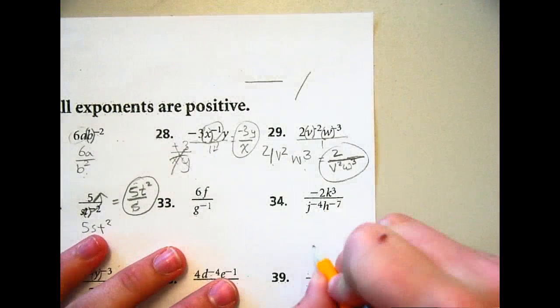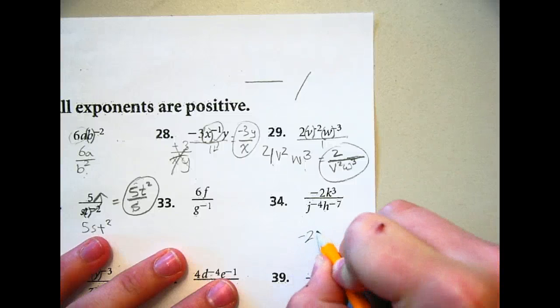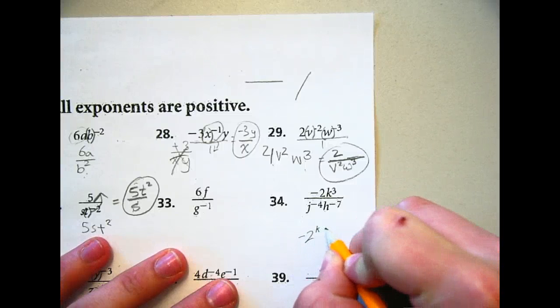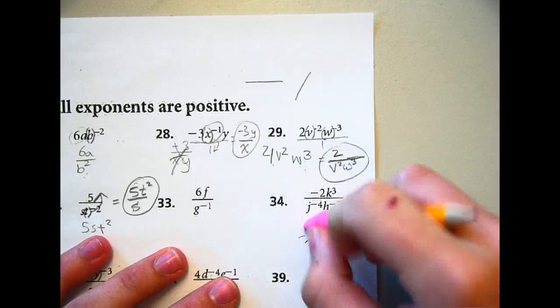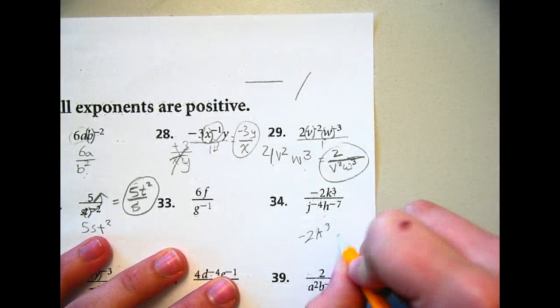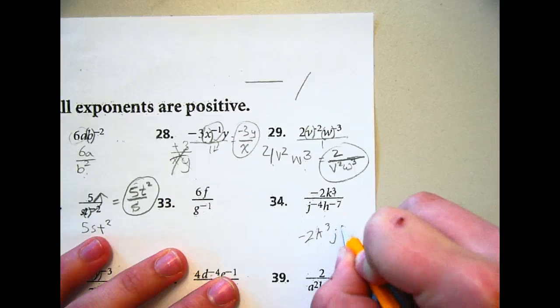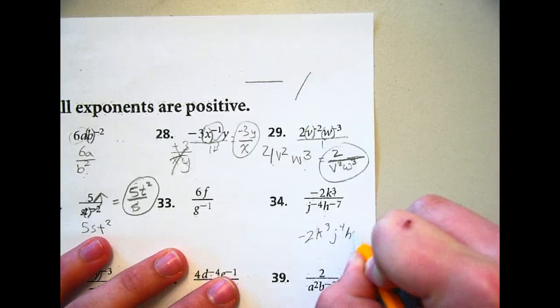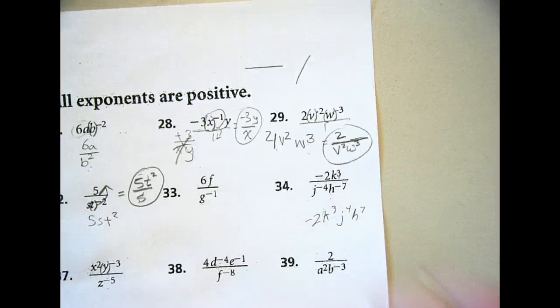What'd you get? I got 6F and then G to the first power.